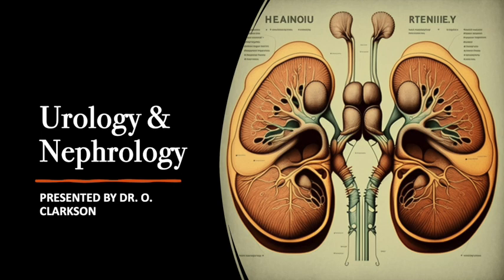BPH constricts the urethra, right? So it's going to prevent urine from passing through, and their bladder is going to be full. They're going to try to go pee, but they're not going to be able to eliminate all the urine from their bladder.